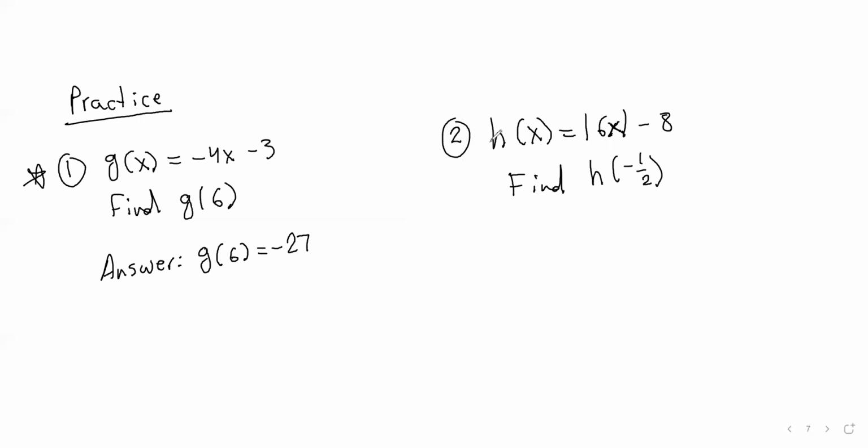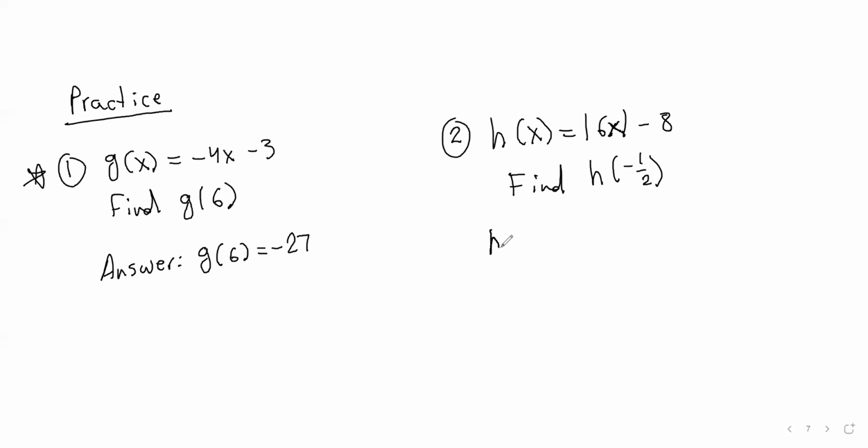So let's first start on problem number 2. We have h of x is the absolute value of 6x minus 8. We want to find h of minus 1/2. Like the problem we've done before, for every occurrence of x, replace it with this number here, minus 1/2.